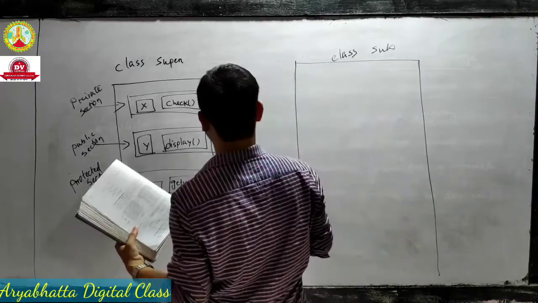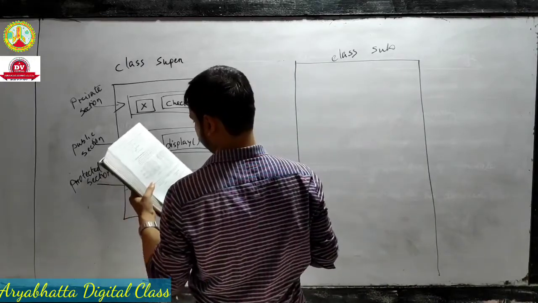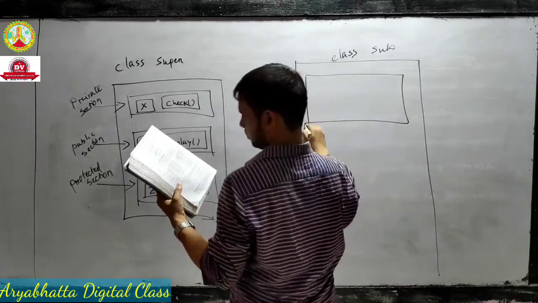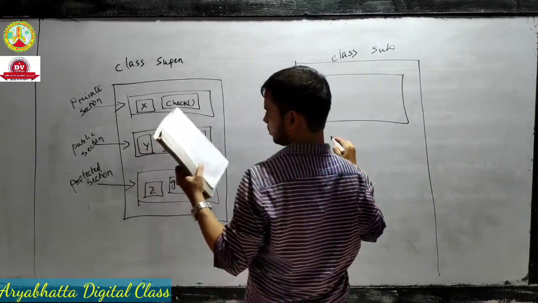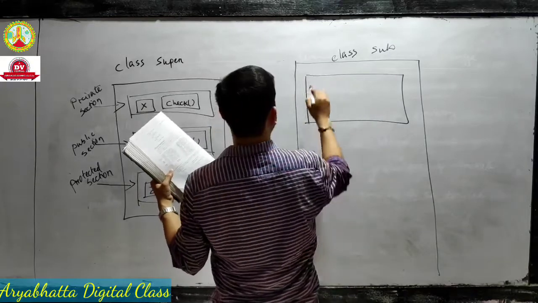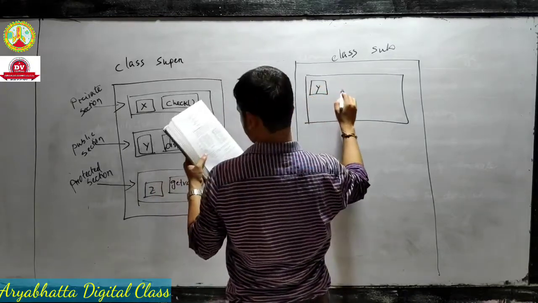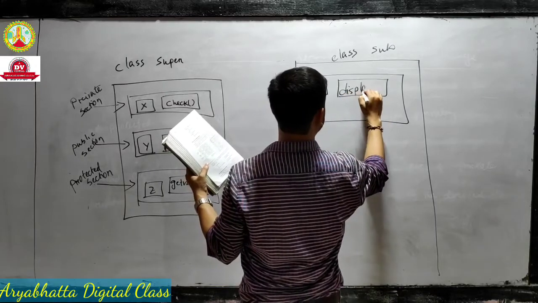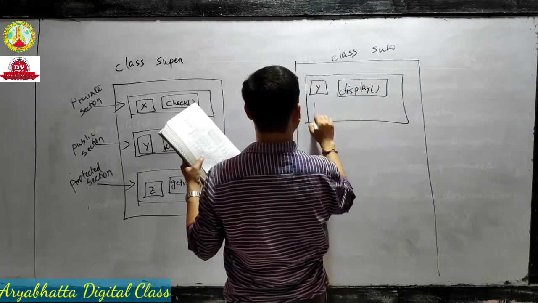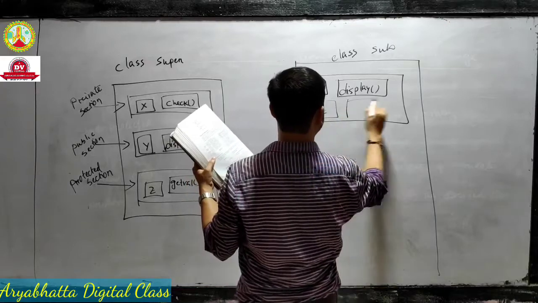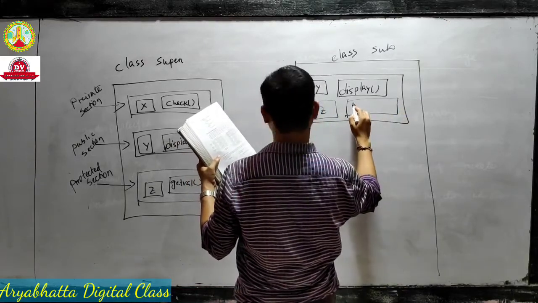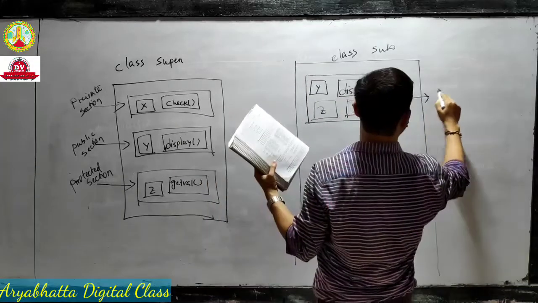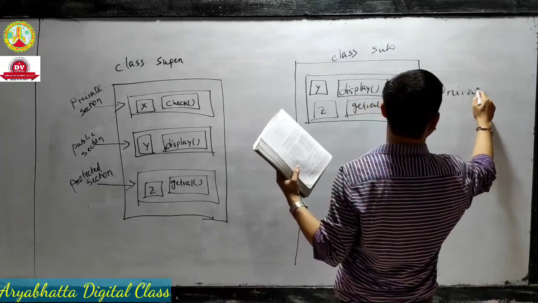And this will be class sub, means derived class. First of all, you have to make this diagram. Display, get value. This will be the private section.